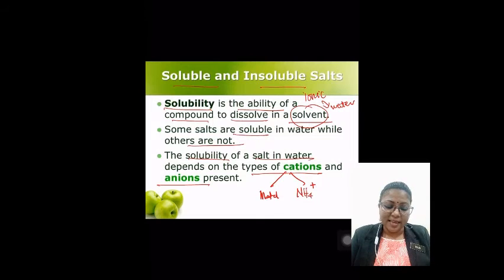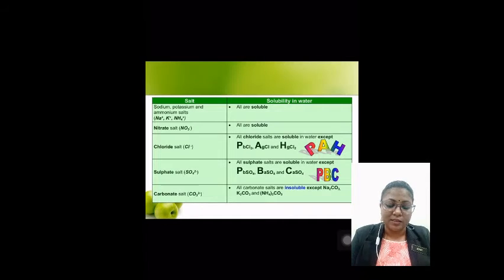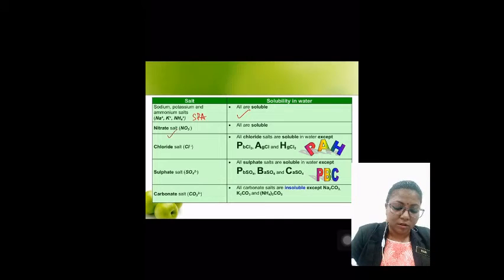Now, in this case, the information just now will help you to determine the solubility of the salt. Sodium, potassium and ammonium salts, it is SPA salt. They are all soluble. Nitrate salts, they are all soluble. Chloride salts, they are all soluble except plumbum, argentum and mercury.